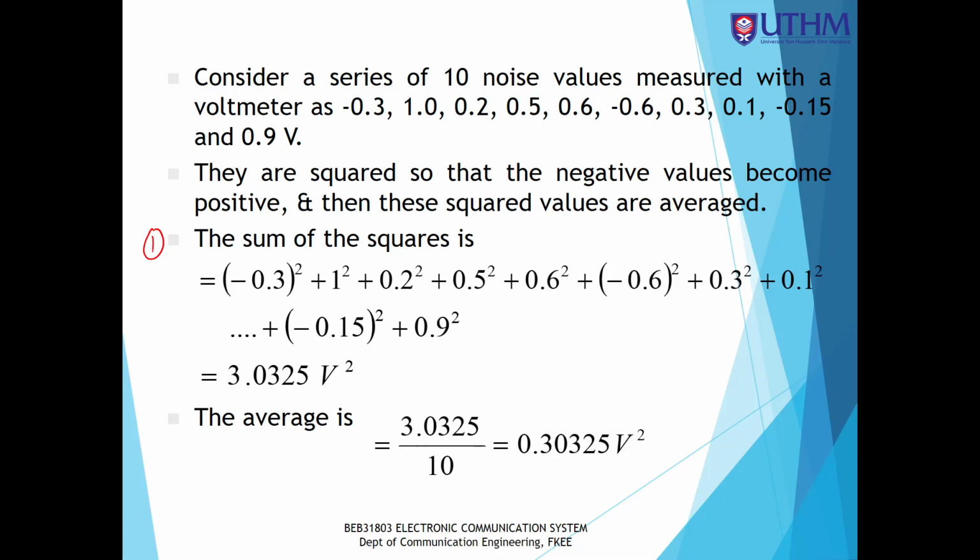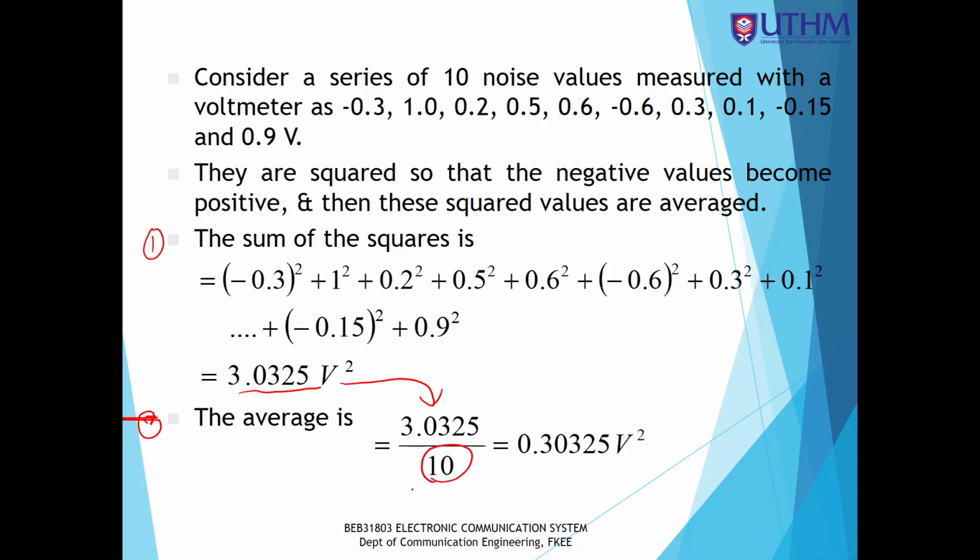Since we have 10 values, we do the quadratic summation for all the values, and we get 3.0325 volt squared. The second process is to find the average of the quadratic summation, so we divide by 10.